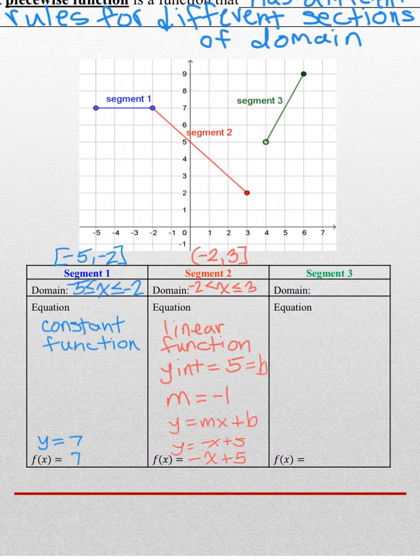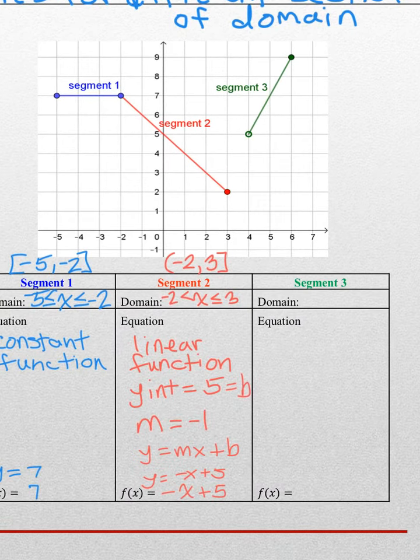All right, last piece is over here in green, which is also linear, as you can see. One end point of it is an open circle, and the other is a closed circle. So we've got an equation that is also a linear function, and we can't readily read its y-intercept off the graph, so we're going to have to figure out what that is.